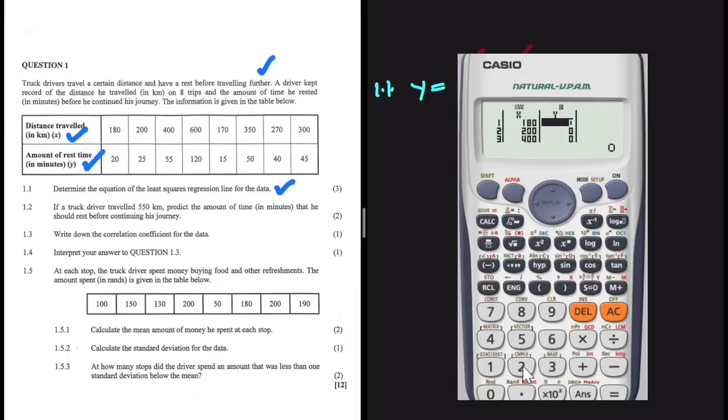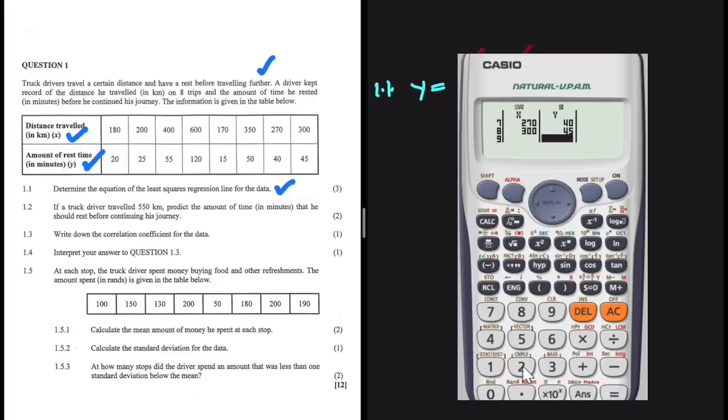So 180 is going with 20, 200 is going with 25, 400 is going with 55, 600 with 120, a big jump between 400 and 600, and then 170 is going with 15, 350 with 50, 270 with 40, and lastly 300 with 45.